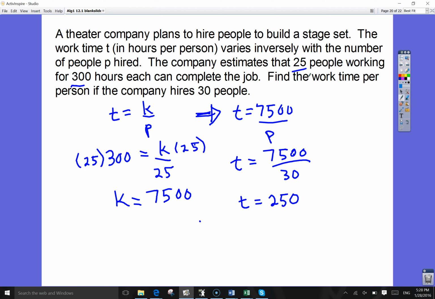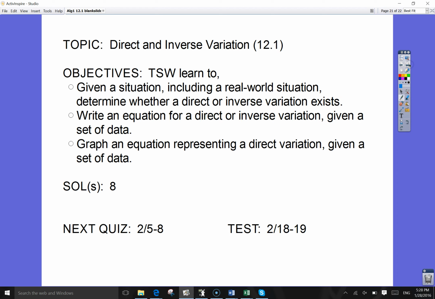Okay, well that is the lesson. Let's review our objectives. Given a situation, including a real-world situation, determine whether a direct or inverse variation exists. Kind of did that. We could have had a better example of a real world. We did do some real-world problems, but we definitely looked at our tables of values and determined whether it was direct or inverse.